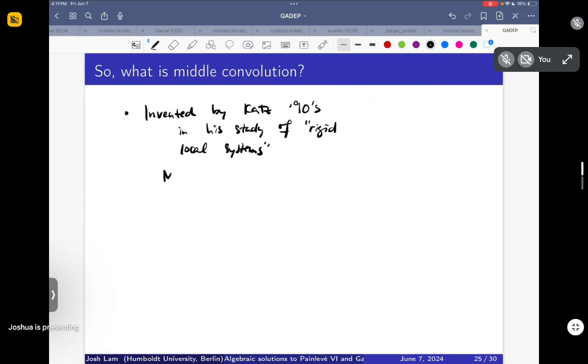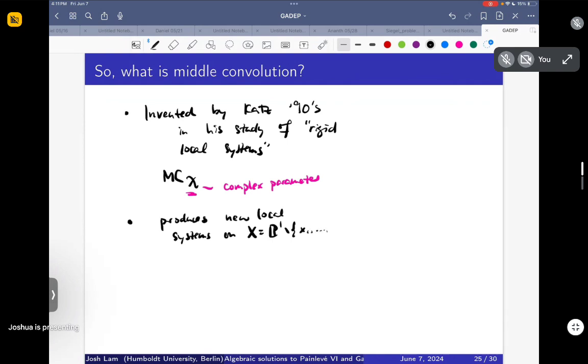So this is MC, and it depends on chi, where chi is some complex parameter. So what is it? Essentially, it produces new local systems on our usual guy X, which is P1 minus n points, from old ones.